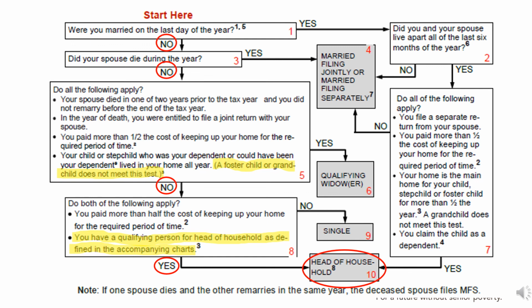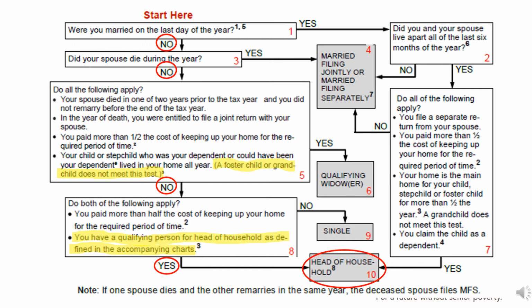So we move on to the last box at the bottom, box number 8. Do both of the following apply? You paid more than half the cost of keeping up your home for the required period of time. Yes, that does apply. The second bullet, however, you have a qualifying person for head of household as defined in the accompanying charts. Yes, that does apply as well. And that's really the key.